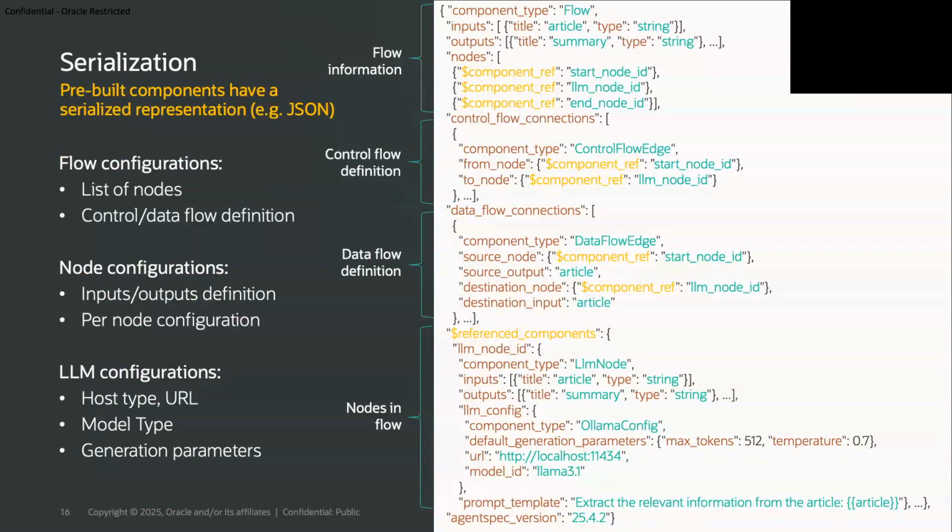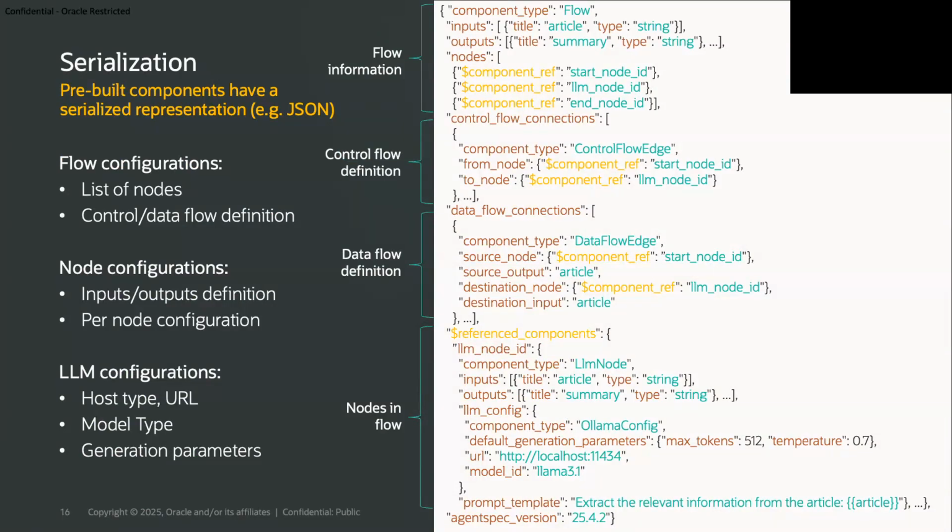At the top right, you would see the definition of the flow, which has the list of nodes, inputs and outputs, followed by the control flow definition that defines the different edges, and then below the data flow definition that defines how data is passed.